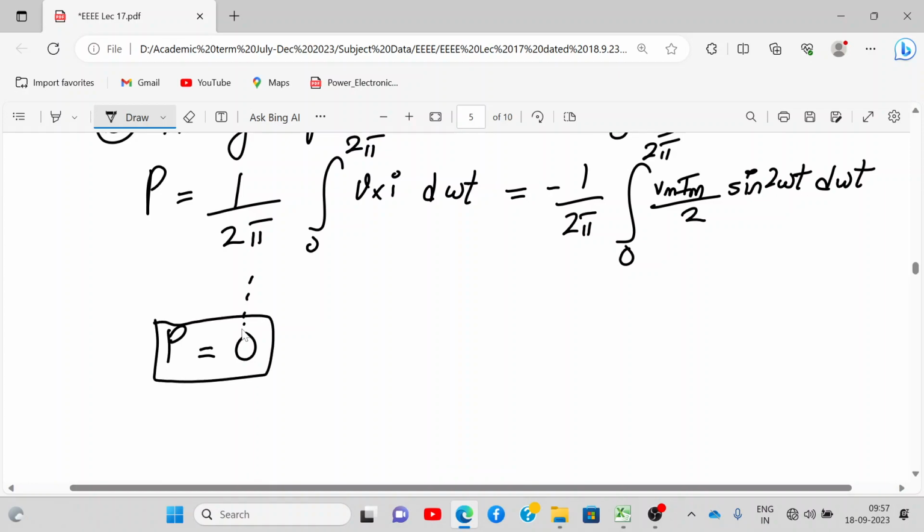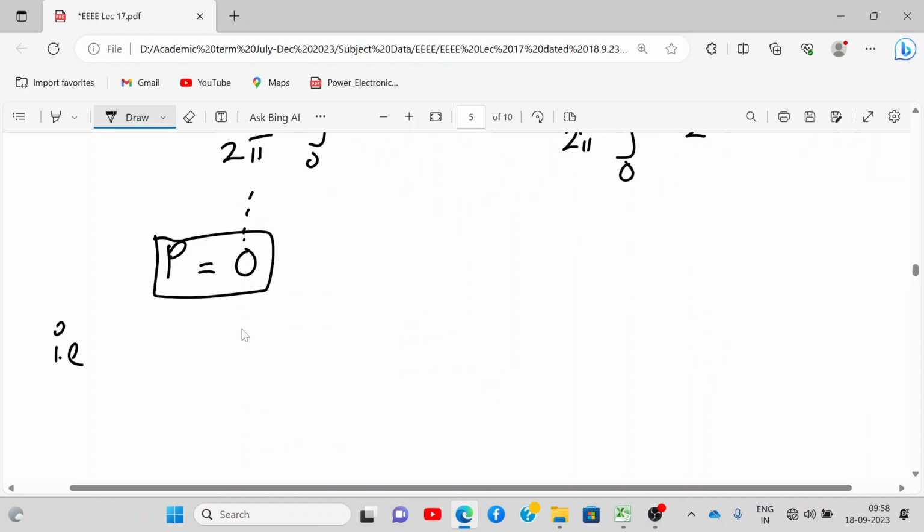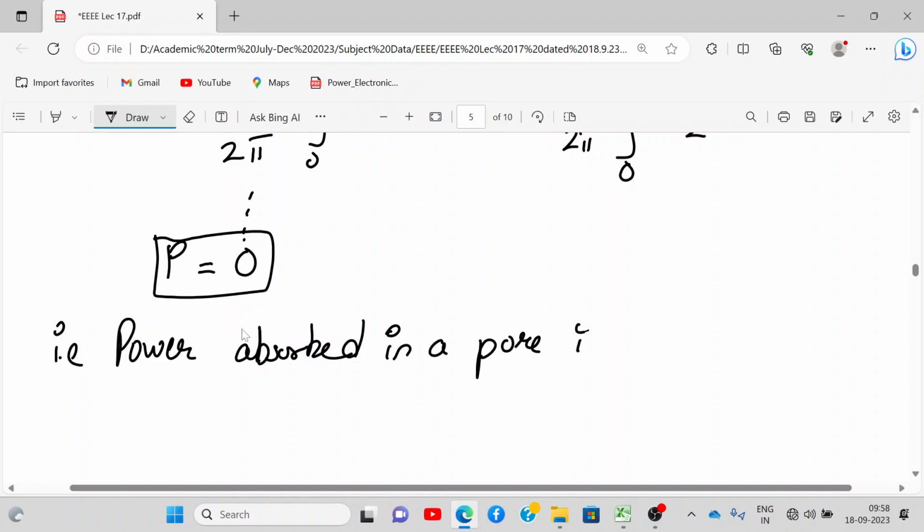It's a very, very important thing. If you solve this further, you will get power as 0. That means power absorbed in a pure inductor is 0. Power absorbed in a pure resistor is V into I, but power absorbed in a pure inductor will be 0. So write down this learning: in a pure inductor, average power is 0.